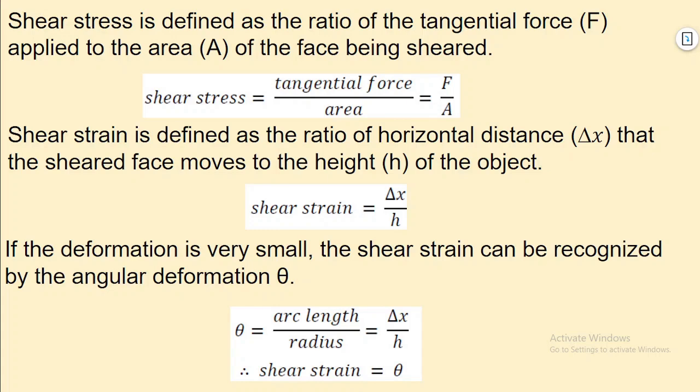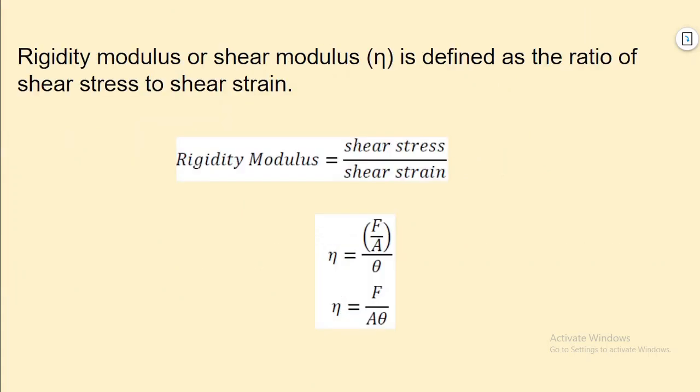Now we apply Hooke's law. Hooke's law is the ratio of stress to strain. Here it is the ratio of the shear stress to the shear strain, and this modulus is called the rigidity modulus or the shear modulus. We represent the rigidity modulus by the letter eta.